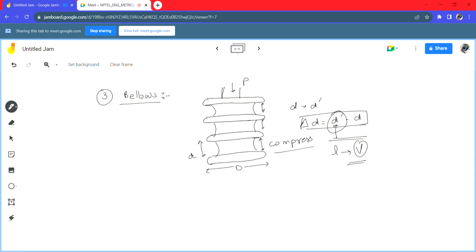So these are three broader classes of the physical devices that we use for converting the pressure into the linear dimensions.